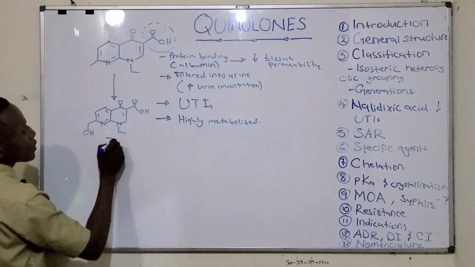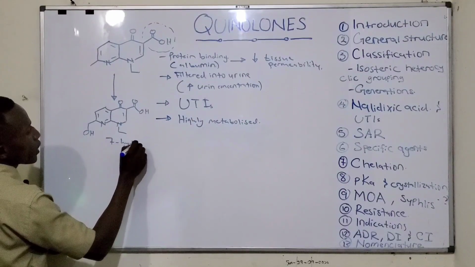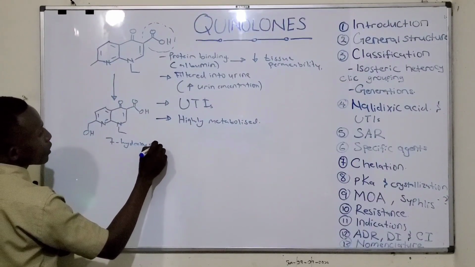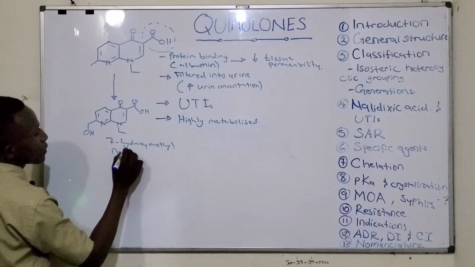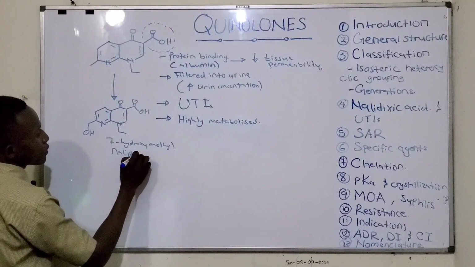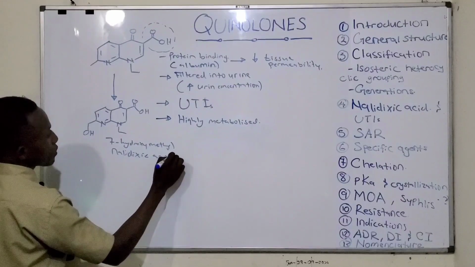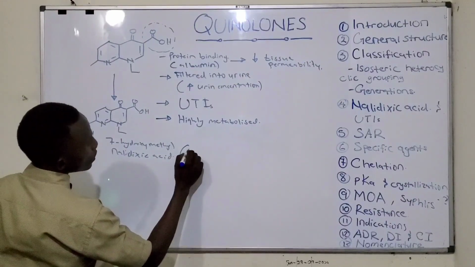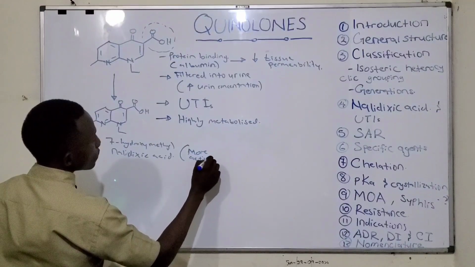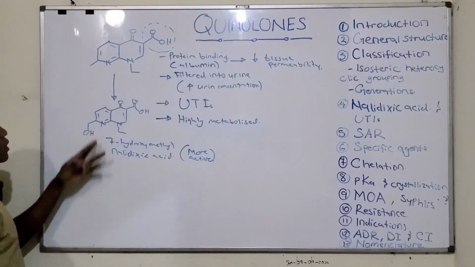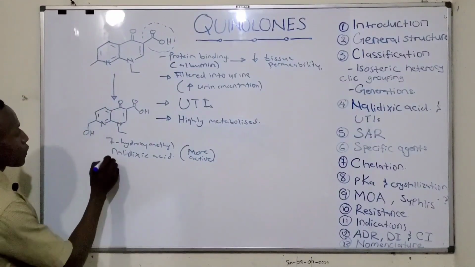This is the 7-hydroxymethyl nalidixic acid, and it is more active. It has more activity than the drug itself.